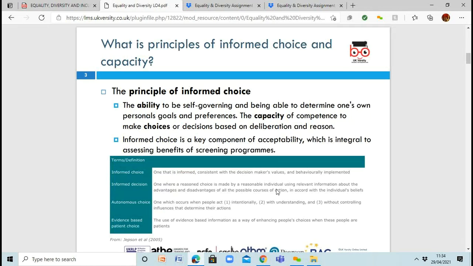Then we've got the principle of informed choice. Now this is going to be relevant for when we look at 4.2. So the principle of informed choice is the ability to determine your own preferences, your own goals. You know what you want. You have enough information to make a good choice.